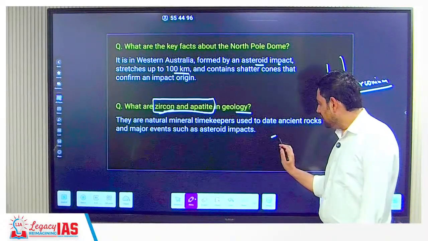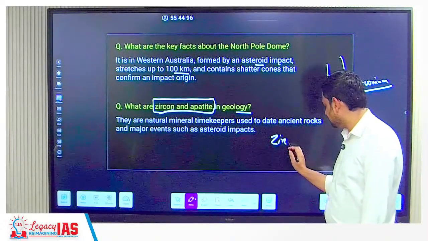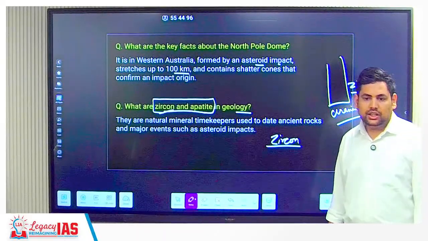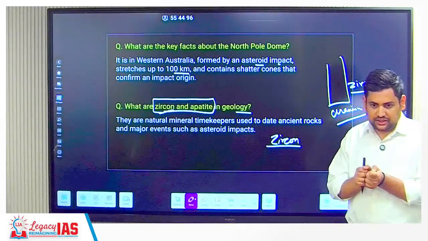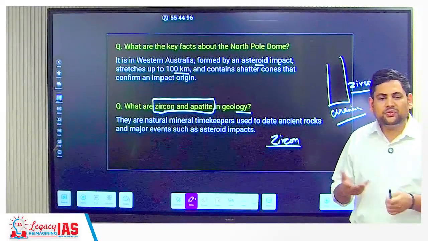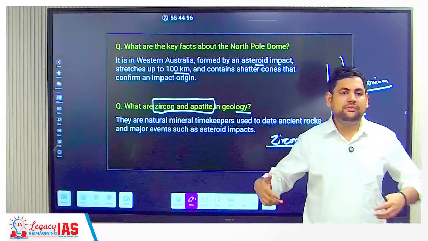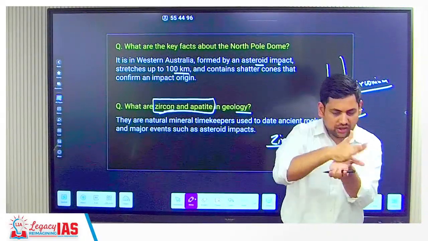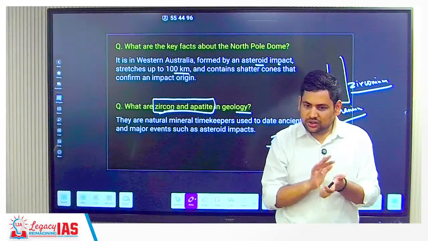Zircon has a very special property, that when it first crystallizes, when it is first formed. Now when will it be first formed? Basically when something fell. Because of that, all these rocks get crushed into each other. Now this crush is not a normal crush.